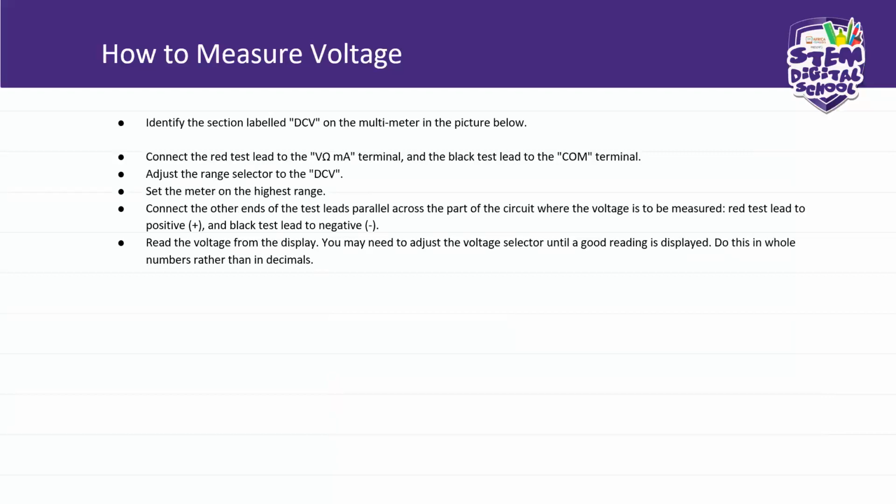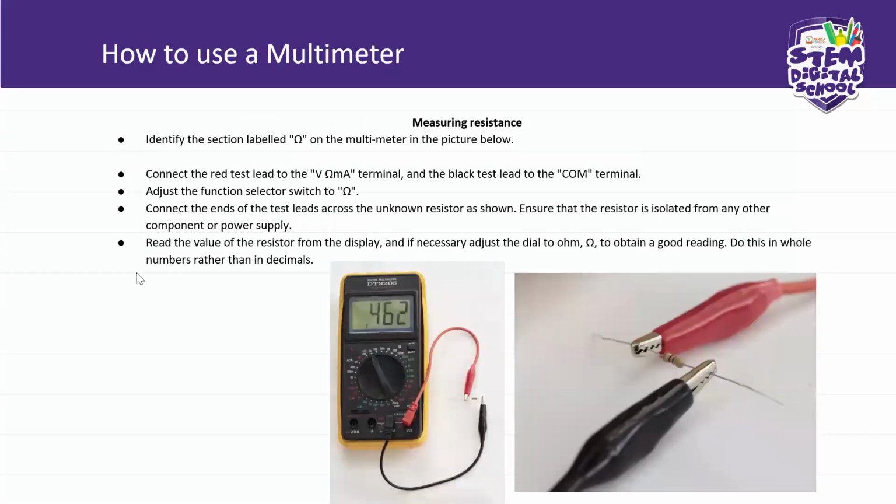Red test lead to positive and black test lead to negative. Read the voltage from the display, from the screen. This screen will show you the voltage. The screen of the multimeter will give you a value. I like the multimeter because it gives you a value accurately. It even gives you the decimal, okay?